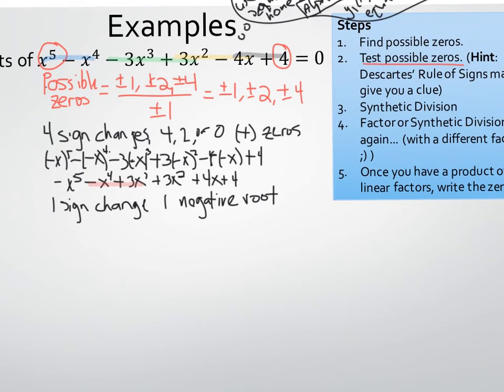And it just so happens that 1 does work. So when we do 1 for synthetic division, notice we're not missing any terms, so we're just going to drop those coefficients down.